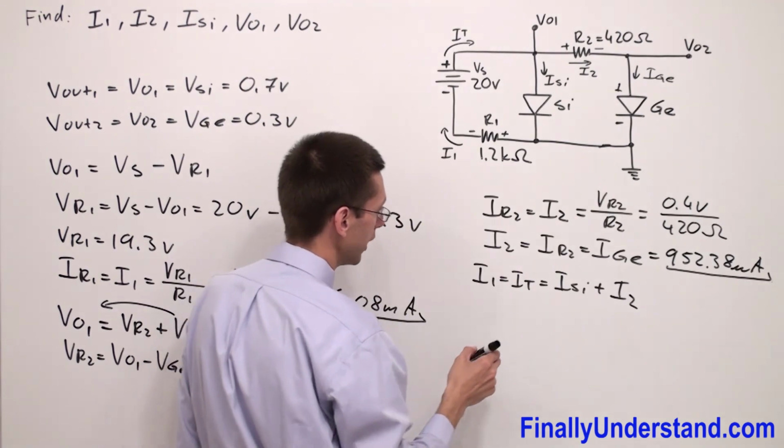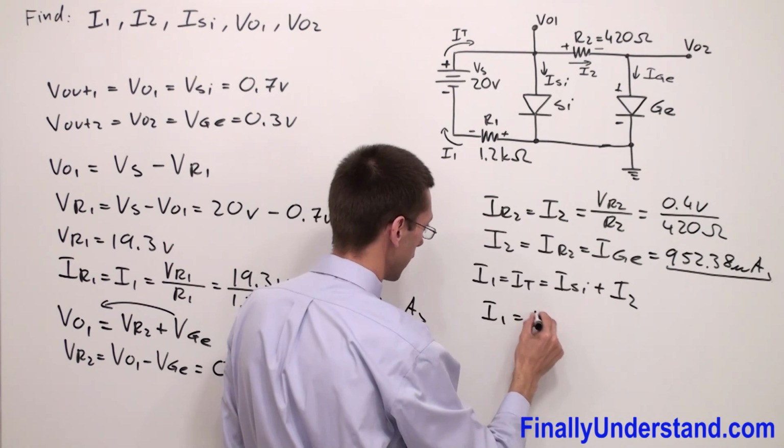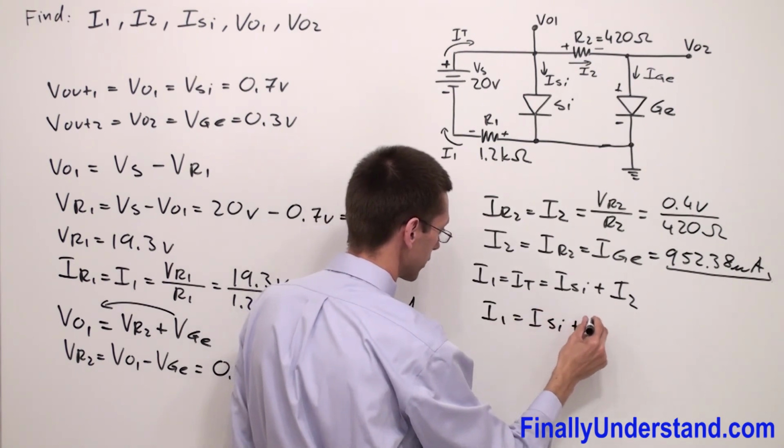So in order to find ISI, I can write that I1 is equal to ISI plus I2.